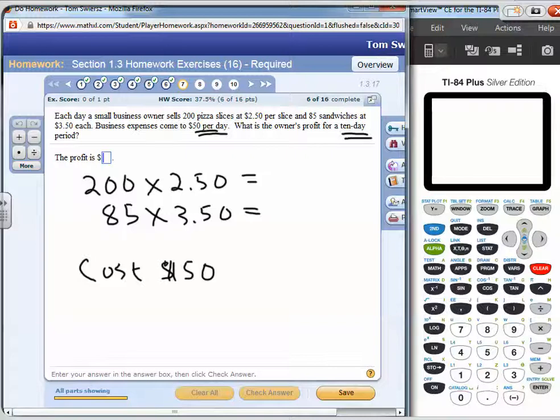So let's find how much they make per day, subtract the cost, and then multiply by 10 for 10 days. 200 times 2.50 I know is going to be 500, right? 85 times 3.50, well, let's do that on our calculator. 85 sandwiches at 3.50.